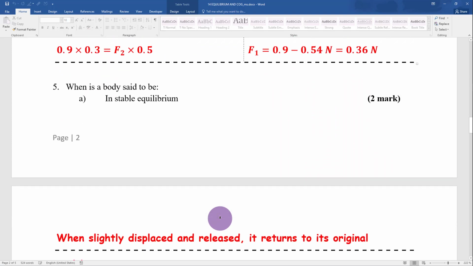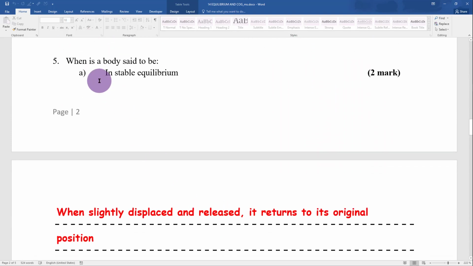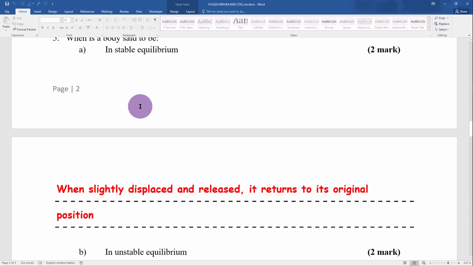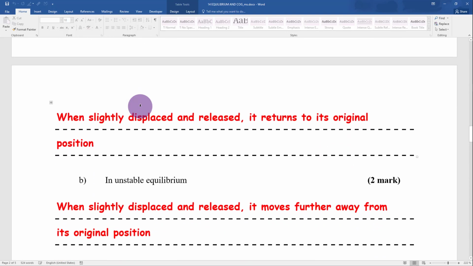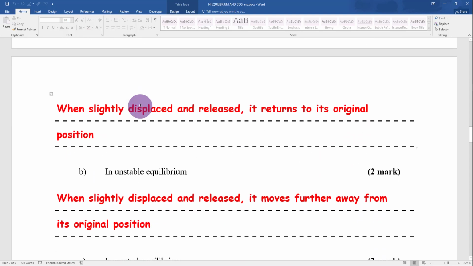Let's go to question 5, where we are asked, when is a body said to be in stable equilibrium? This is a question that we normally get, and sometimes it comes in form of a diagram where we are asked to identify the state of equilibrium of that body.